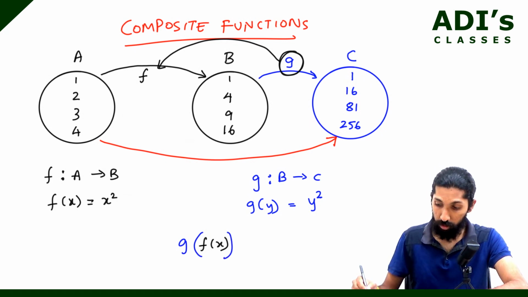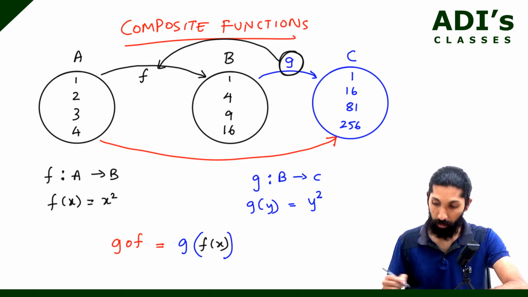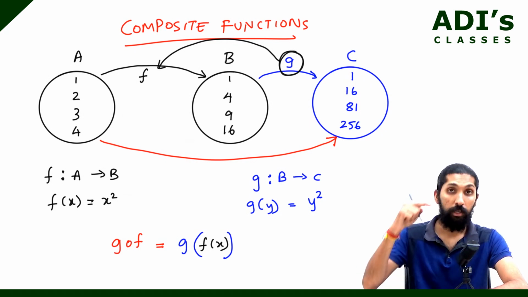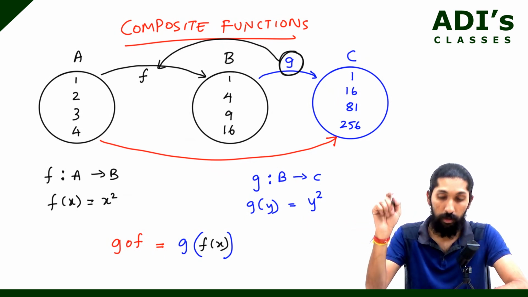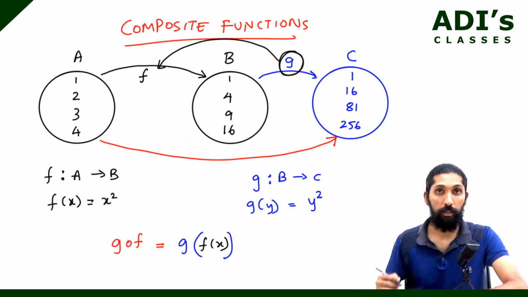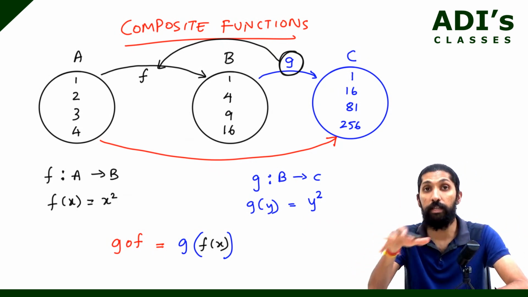This g of f of x, we call this g o f. So g o f is g of f of x. Now this is a composite function because one function is inside another function.